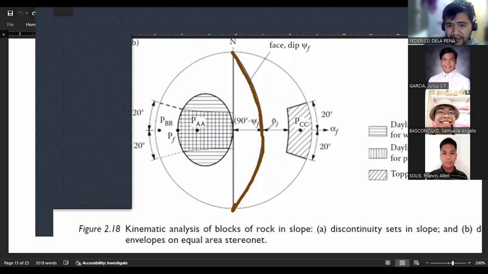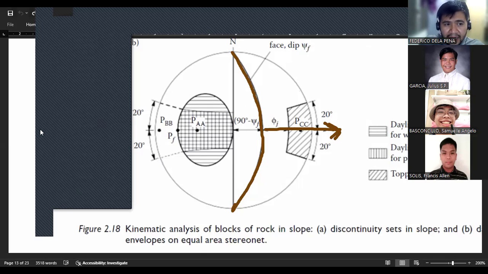The direction of this slope face is towards this direction. This is like east. The azimuth is directed towards east. Therefore, if you're gonna apply criteria one, the discontinuity azimuth should be more or less plus minus 20 degrees relative to the azimuth of the slope face.